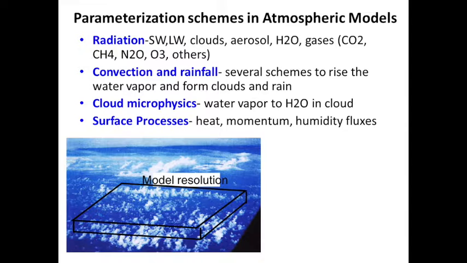So the fluxes are very different from one region to the other region, and we need to include in the model all this information: what kind of soil there is in such regions, what kind of vegetation, what kind of topography. Topography is important also.